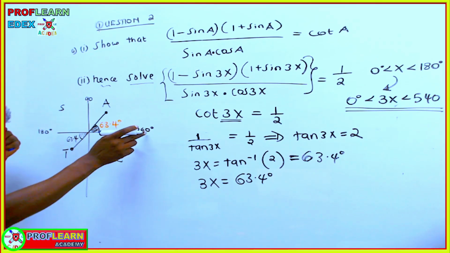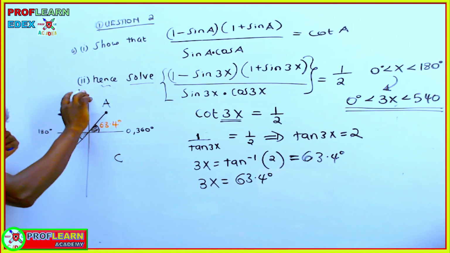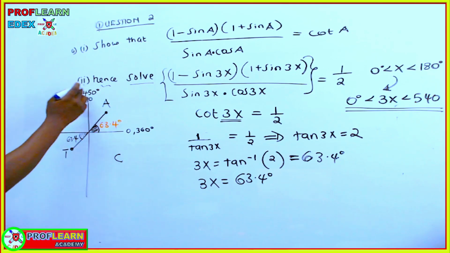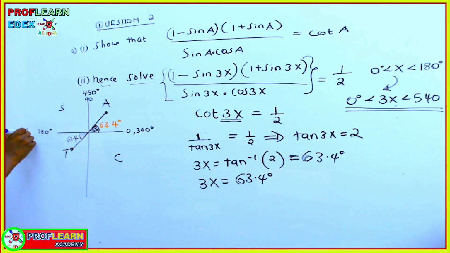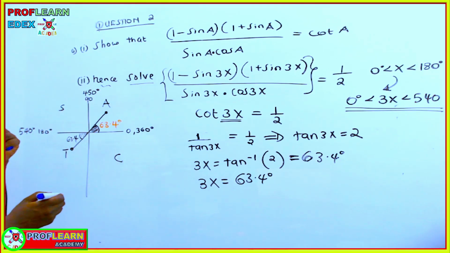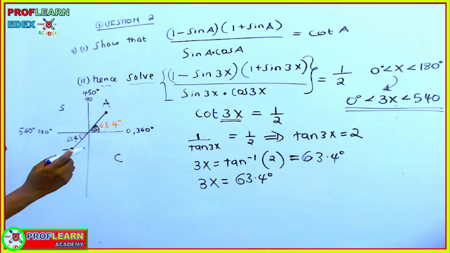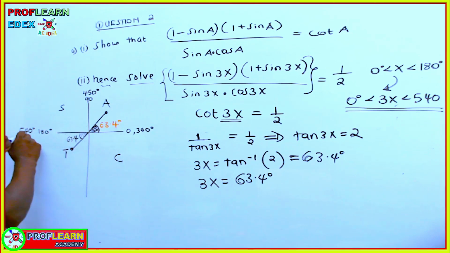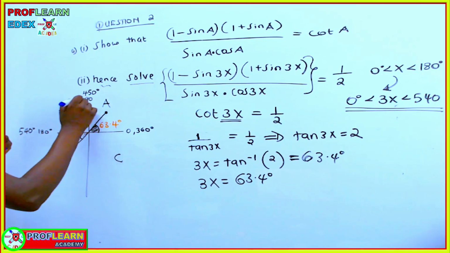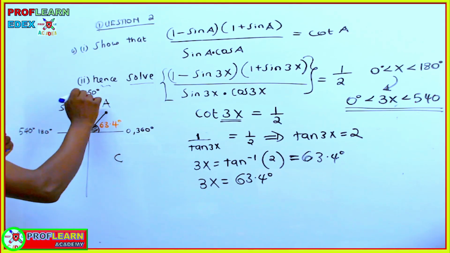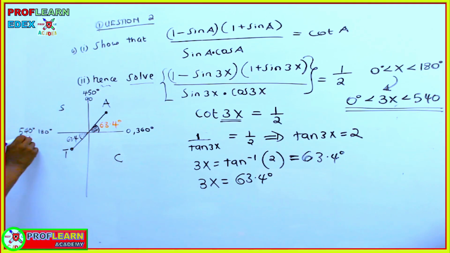Next, 360 degrees plus 90 is 450 degrees, and if we add 90 again, we have 540 degrees at that point. So we have gone round to ensure that we reach that point: 0, 90, 180, then 360, then 450, and 540 degrees.